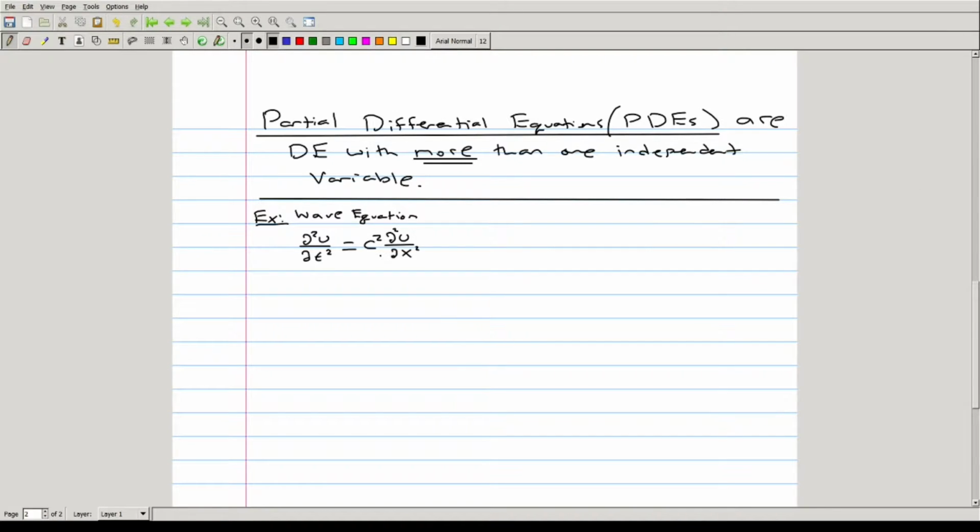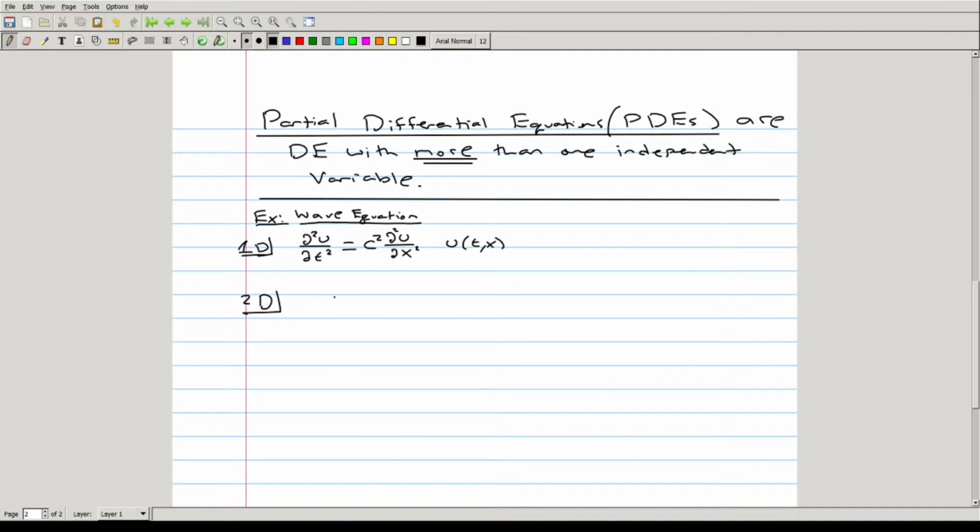And c here is called the velocity, or the speed of the wave, the traveling wave. And u is the dependent variable in this problem. This is the 1D wave equation. And it governs disturbances that propagate with speed c along one spatial dimension as a function of time. So in this case, u is a function of both space and time. The dependent variable u is the disturbance, and it depends on time and on space.